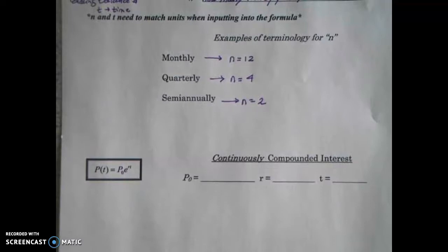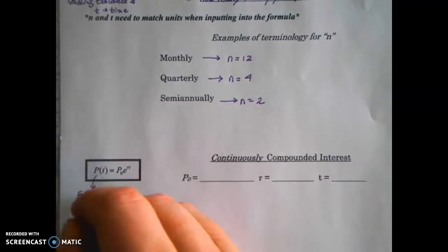If you can find a bank to give you continuously compounded interest, that would be awesome. It doesn't exist. But we study it nonetheless, and it's going to be more applicable to real world stuff when we get to the end of our chapter and talk about bacteria and population and other exponential type models.